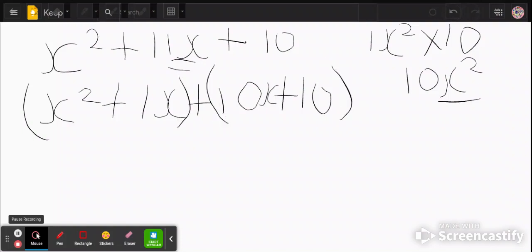So what is common between x squared plus 1x? X, right? So x into x squared, we'll just leave it with x. Put back your plus sign. X into 1x, we'll leave it with 1 because the x will cancel each other out.